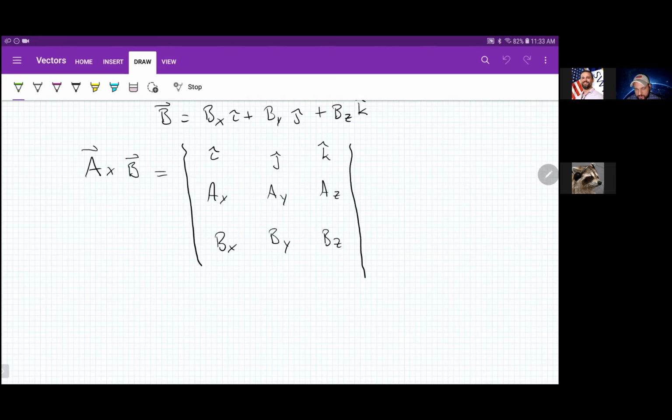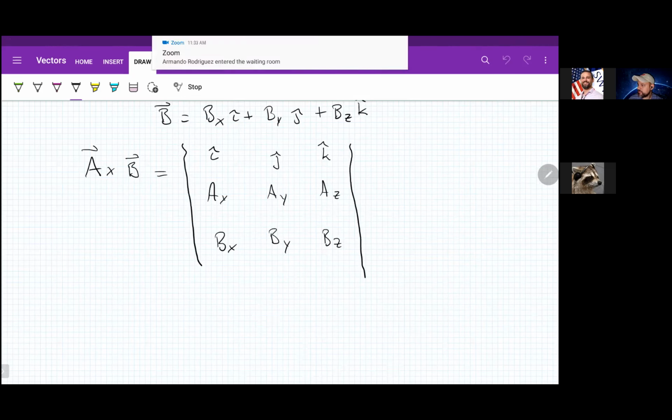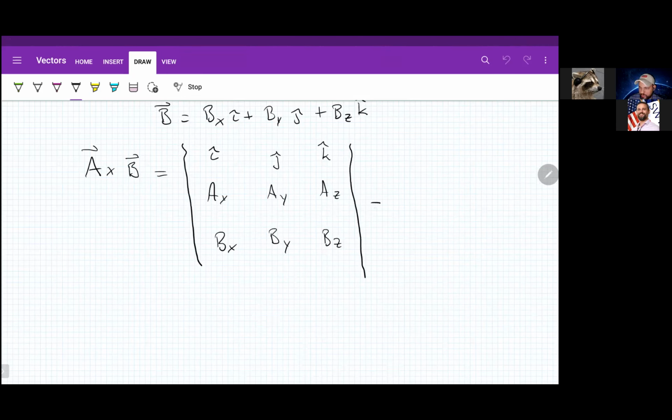All right. So the first thing we want to do is the I hat components. So I'm going to write down I hat here, and I'm going to do open bracket.